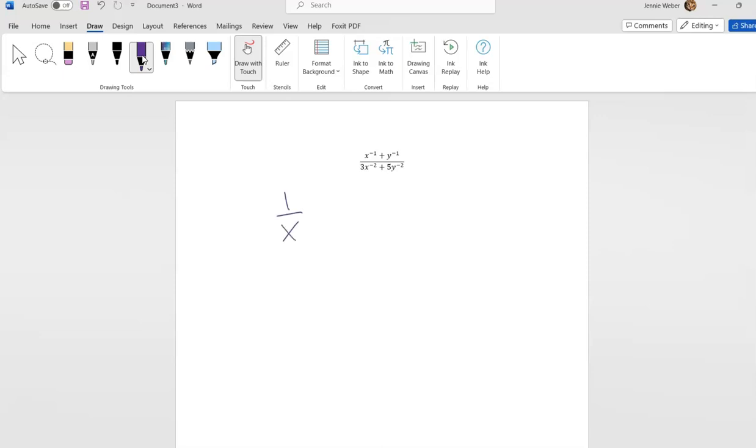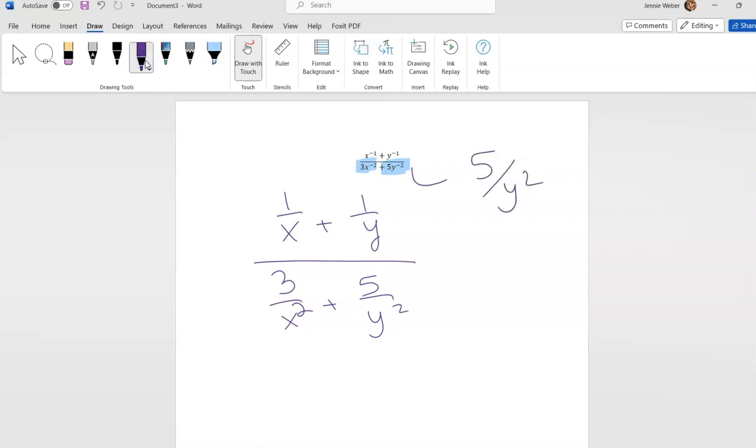So this is going to become 1/x plus 1/y over 3/x squared plus 5/y squared. Notice this right here and this. This went to 5 over y squared. It did not go to this. Why didn't it? Because that -2 only applies to the y, unless there was parentheses.